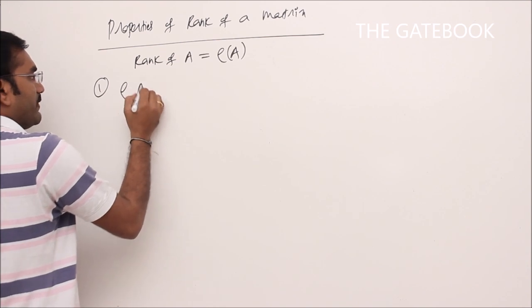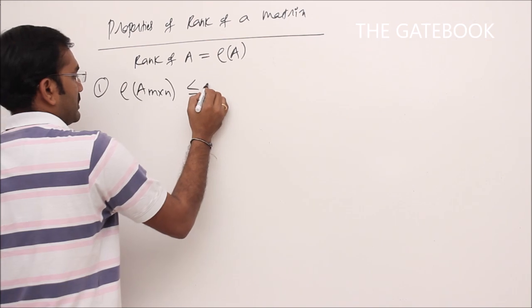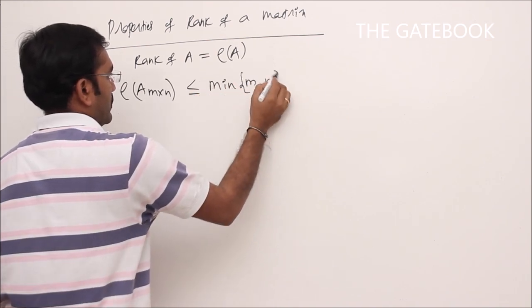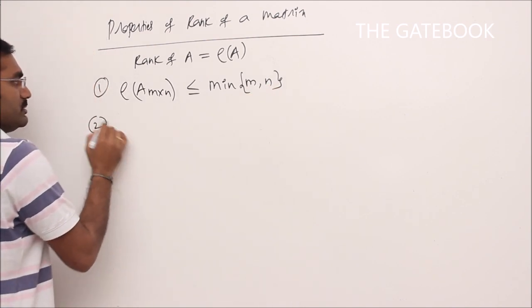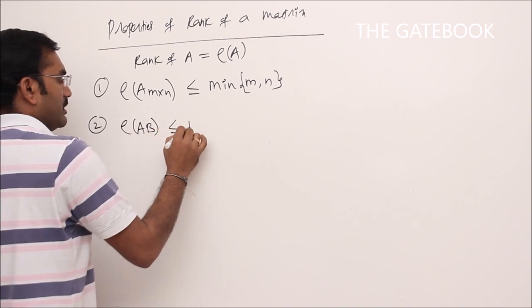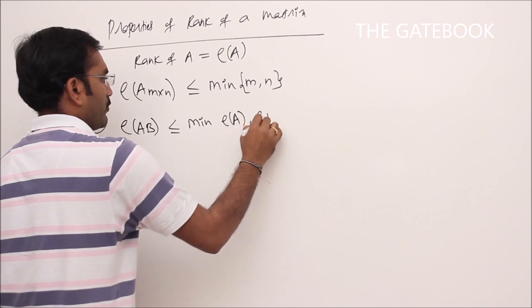First property, rank of A of order m by n is always less than or equal to minimum of m comma n. Similarly, rank of AB is always less than or equal to minimum of rank of A, rank of B.